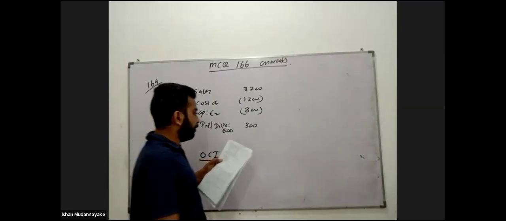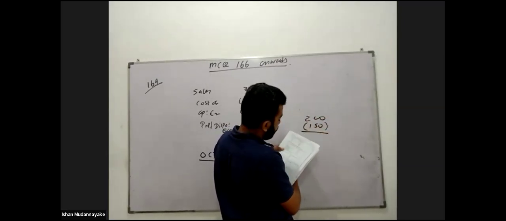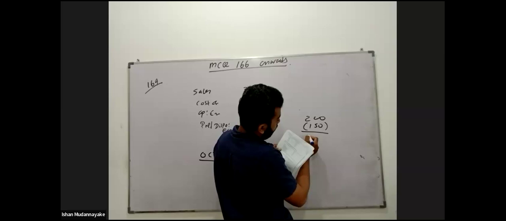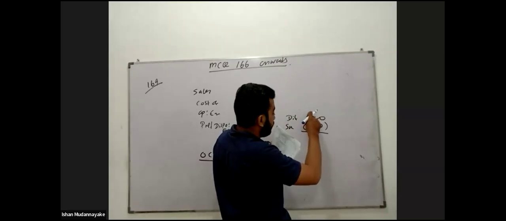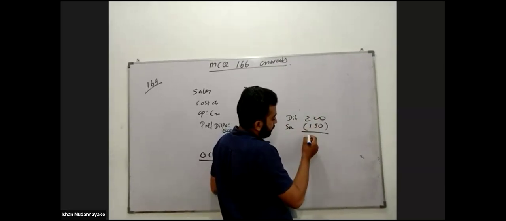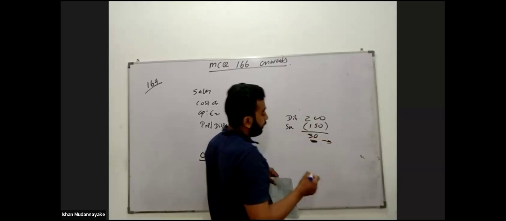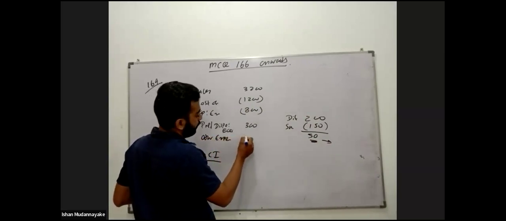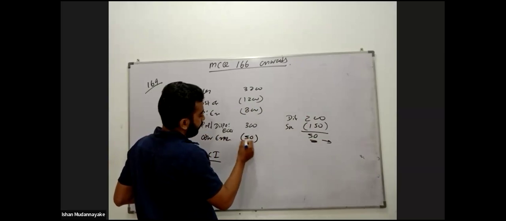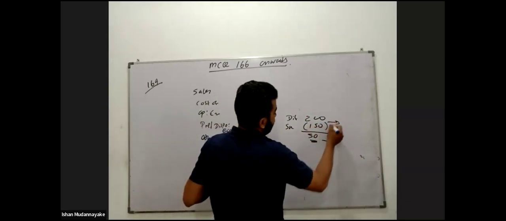Out of the total land revaluation deficit 200, 150 is last year's revaluation gain. This year deficit minus last year surplus, how much? 50. 50 goes to other expenses. Other expenses 50.